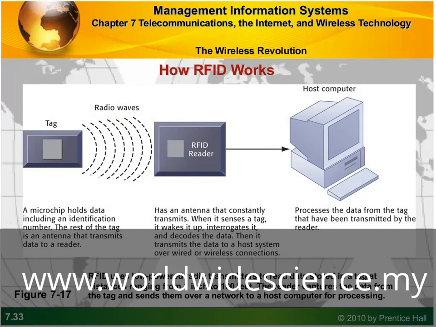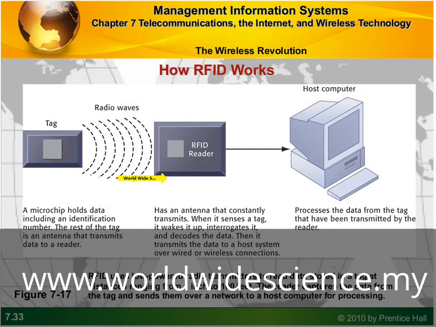And here in this slide, you can see how RFID works. There is a tag here. A microchip holds data, including an identification number. The rest of the tag is an antenna that transmits data to a reader. Our reader is here. The reader also has an antenna that constantly transmits.